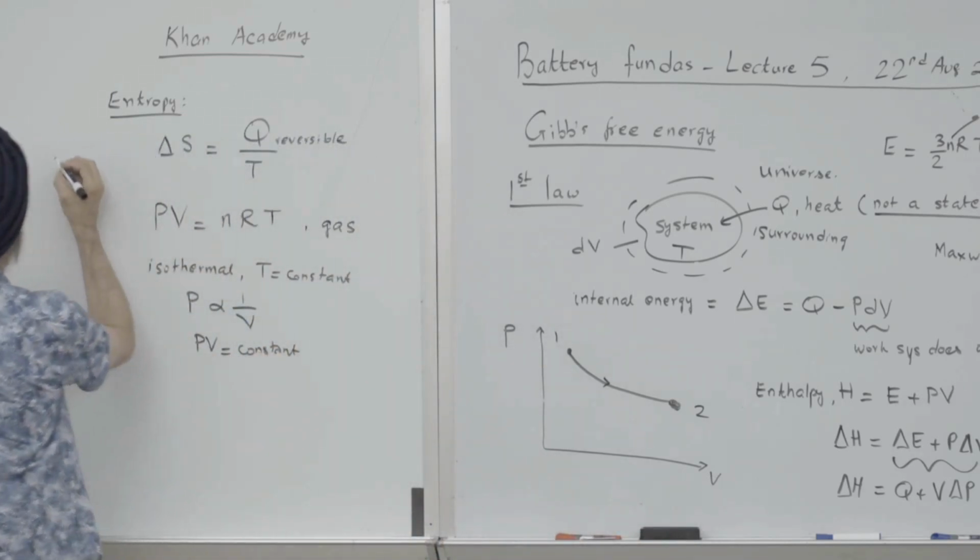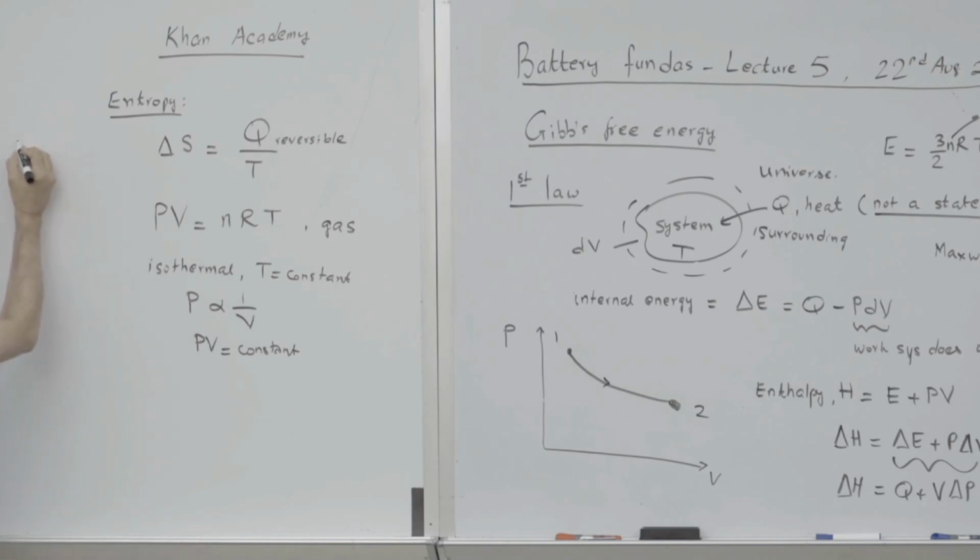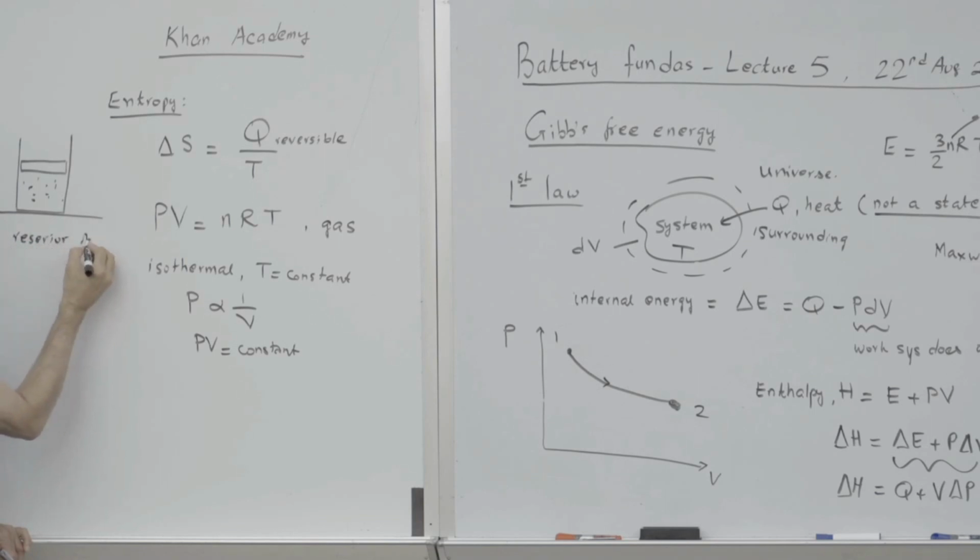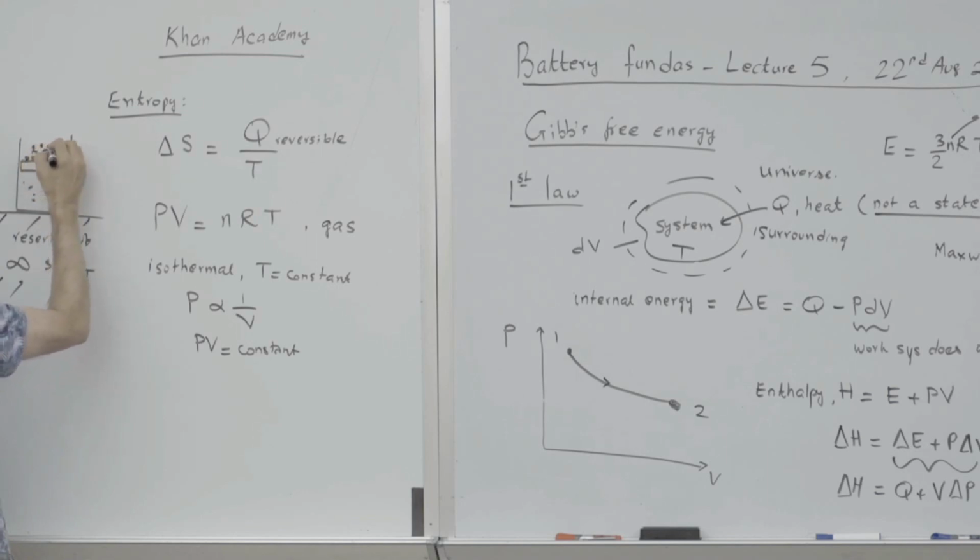If I have a container and a piston, and there's gas inside this container, and I'm putting this on a reservoir of infinite size at temperature T, so this is my reservoir, then this gas will always stay at temperature T. And then I put small pebbles on top of this piston.